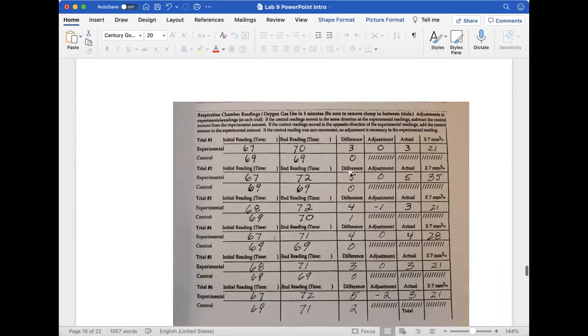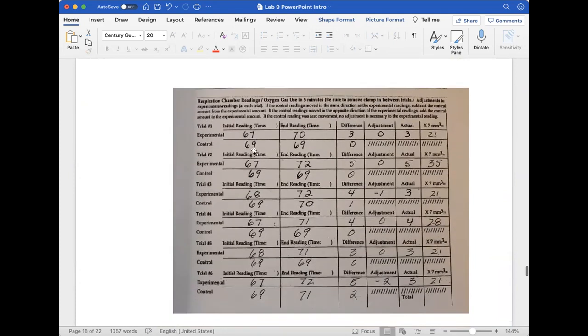So what this graph is showing is, it basically does it all for you, but it's taking a difference of fluid levels and then multiplying by 7 millimeters cubed. That gives us the amount of oxygen in the final column. The control readings should never change because the beans in the control side of our experiment are not germinating, so they're not using any oxygen.